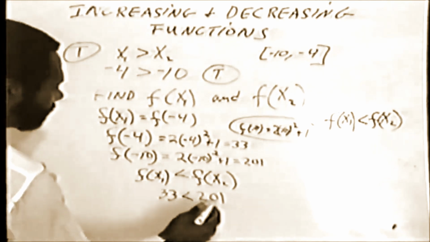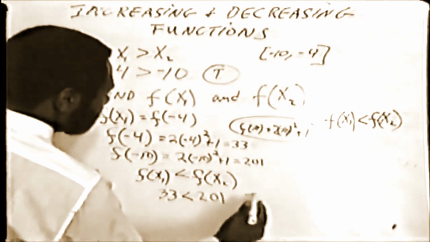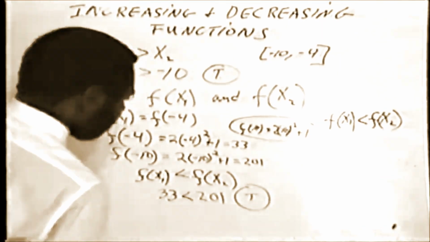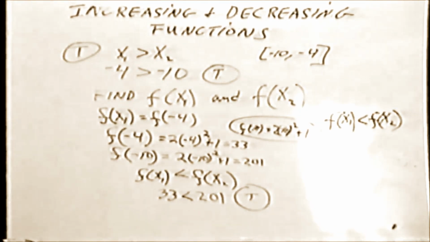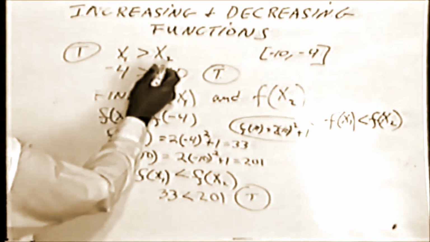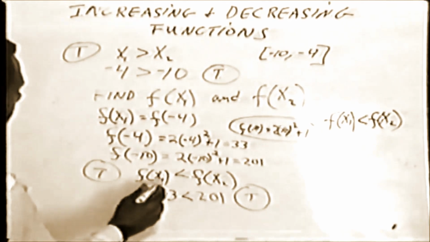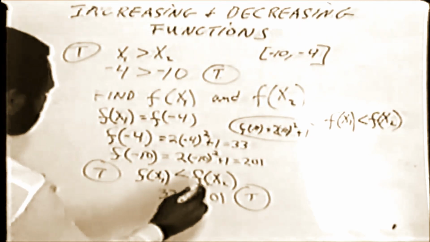33 is less than 201. Is that statement true or false? That statement is true. So that means that x of 1 is greater than x of 2 is true, and f of x of 1 is less than f of x of 2 is true.